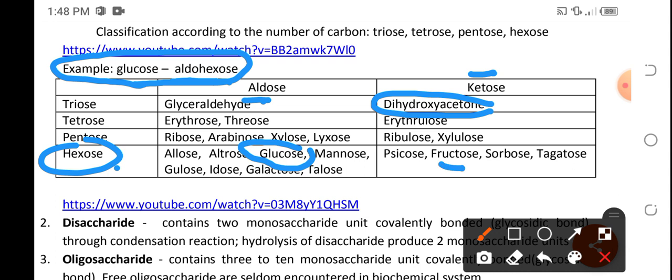So, fructose is a keto kasi nga meron siyang ketone group, and meron siyang 6 carbon atoms, so therefore it would be a ketohexose. Okay?